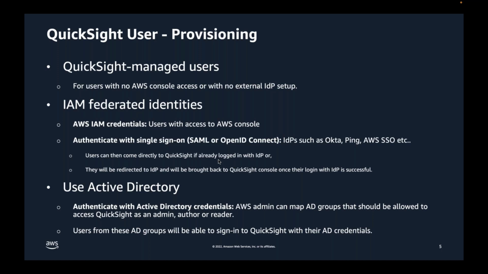and so basically there are three parties talking now: QuickSight on one end, your identity provider on the other end, and in between sits AWS IAM. Once the setup is completed, if users are logged into the identity provider application, some sort of SSO application, they can simply click on QuickSight and get access to the QuickSight console.